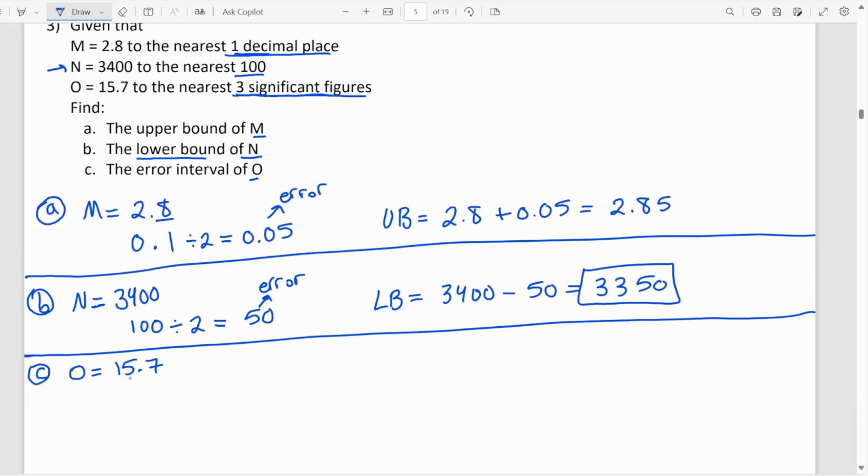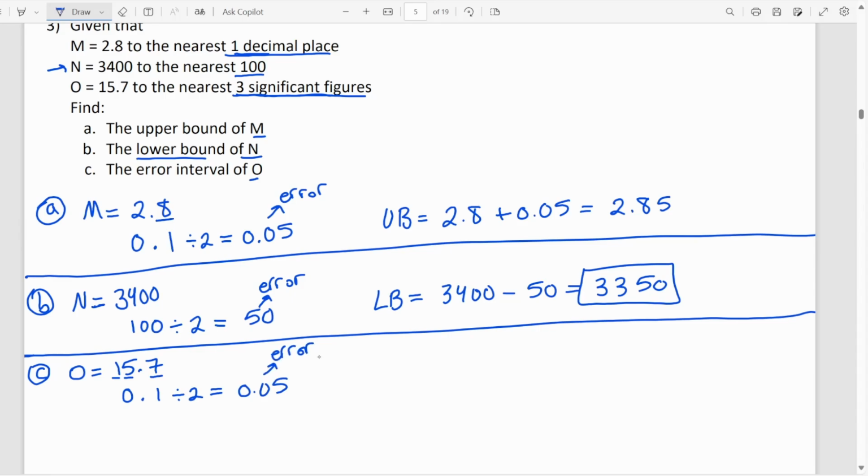This is the first, this is the second, and this is the third. So we're gonna replace the third one by a 1 and turn everything else into zeros. And like I've said, 0.1. You don't need to put another 0 here. It would be meaningless. Now, this is the unit of round. Divide this by 2. We get 0.05, and this right here is my error.